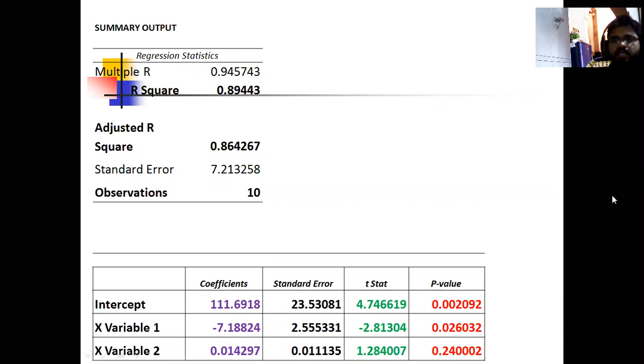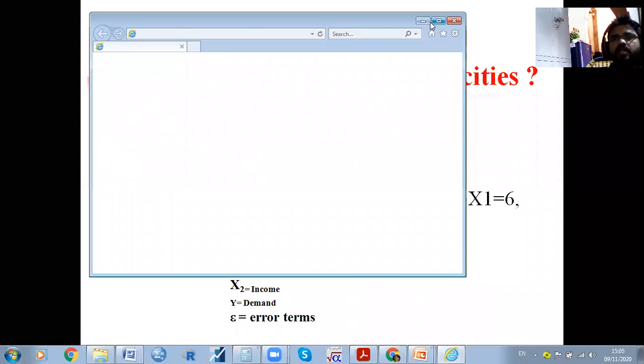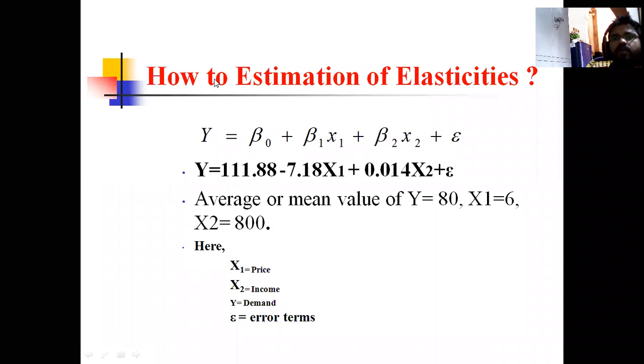So basically, how can we estimate the elasticities here? Simple, on the base of these values and the average values of y, x1, and x2. See how to estimate the elasticities.